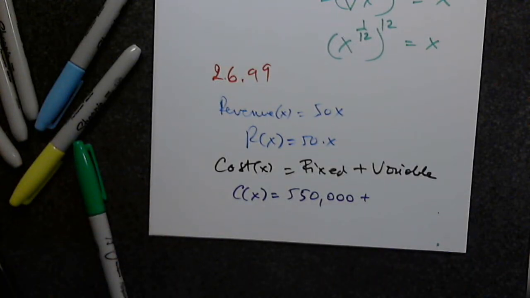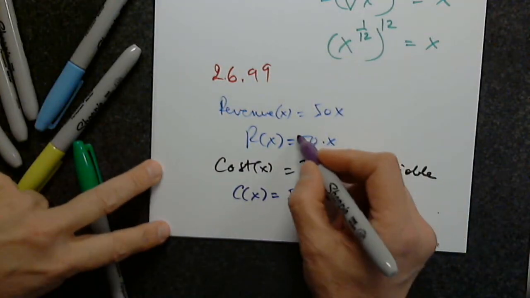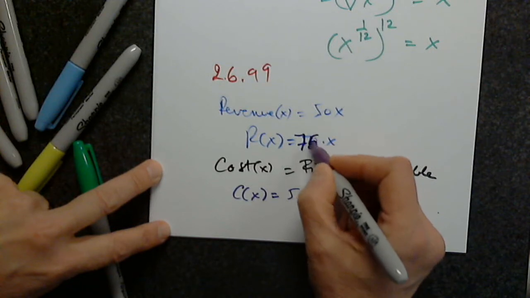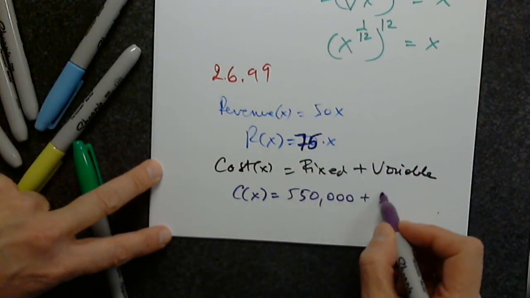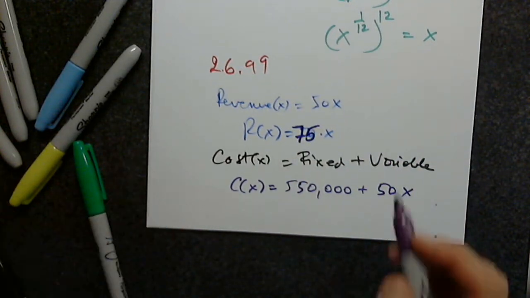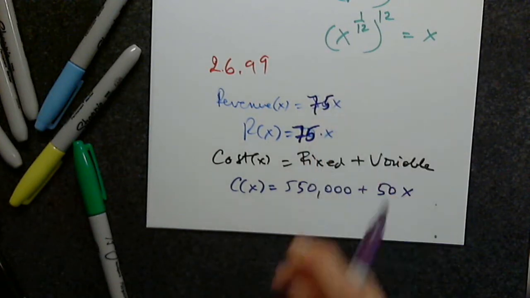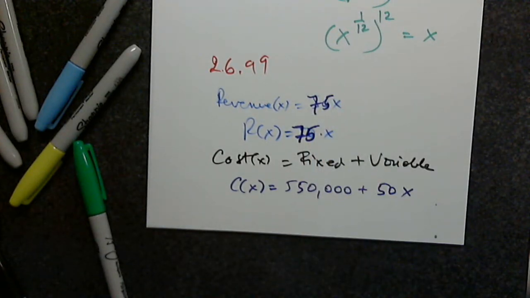The company's cost and revenue are modeled by the following, where x represents the number of radios. Oh, the revenue is 75, I'm sorry, 75x, and this is 50x. So the revenue is 75 times x. So the two functions are given to us. We don't have to reinvent them.